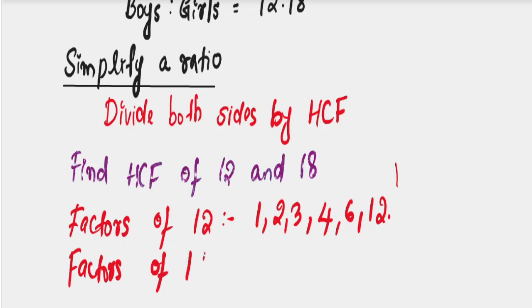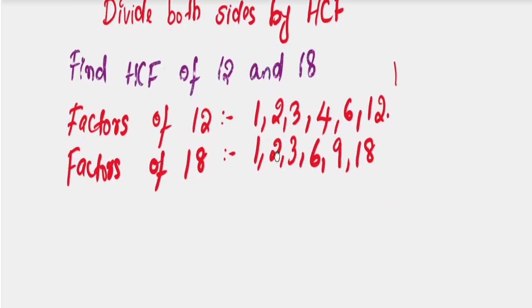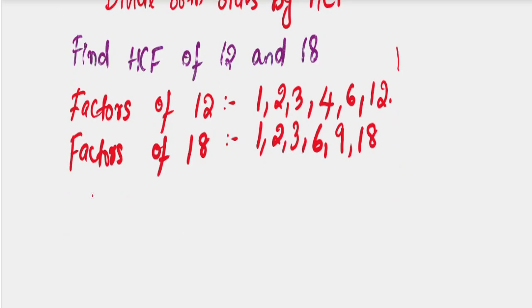Factors of 18 are 1, 2, 3, 6, 9 and 18, right? Now we'll write the factors which are common in both 12 and 18.